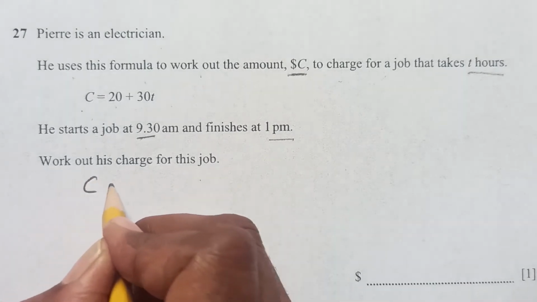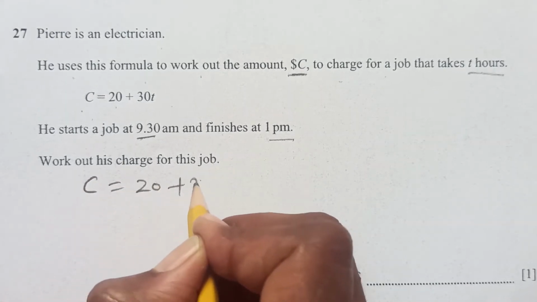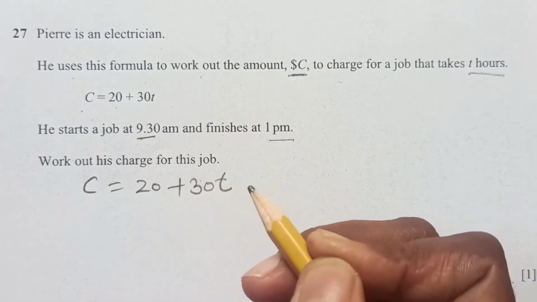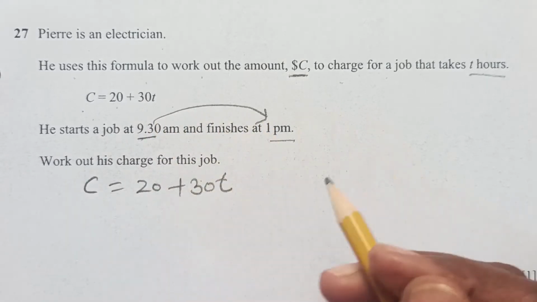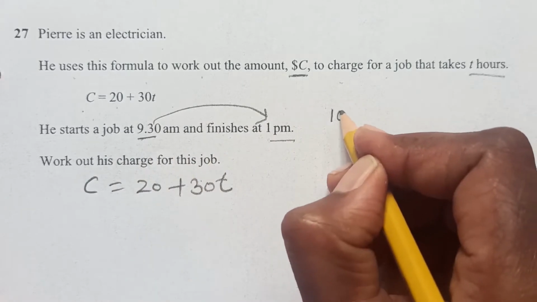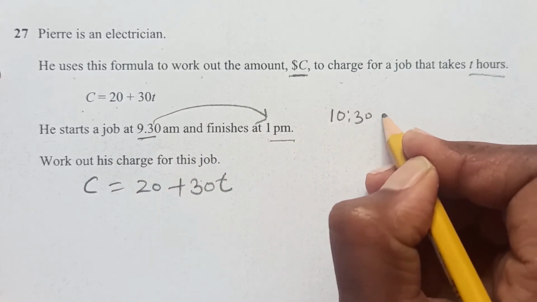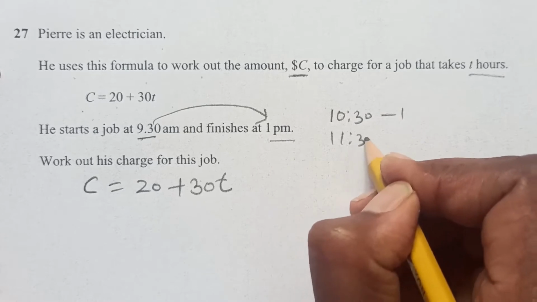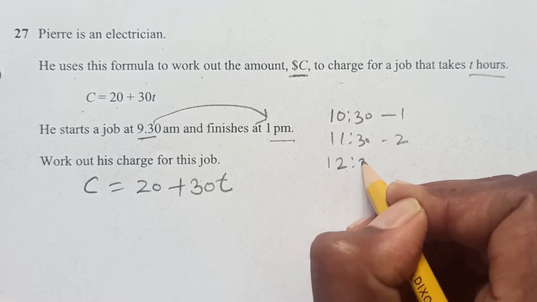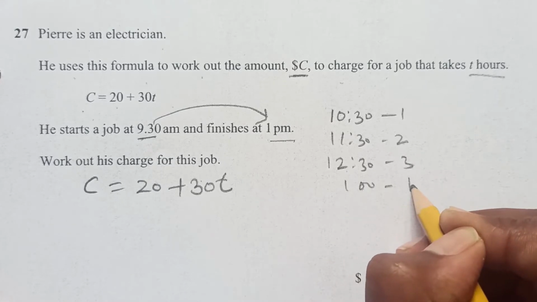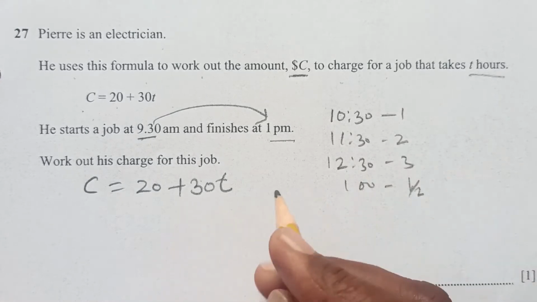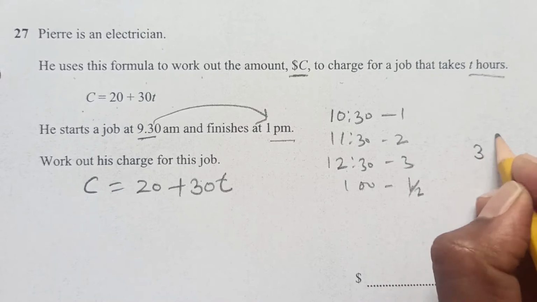So we have this formula here, 20 plus 30T. T is time. So we need to look for the timing from 9:30 to 1. So 9:30 to 10:30 is 1 hour, right? 11:30, 2 hours, 12:30, 3 hours, and up to 1 it is half an hour, right? So time is 3.5.